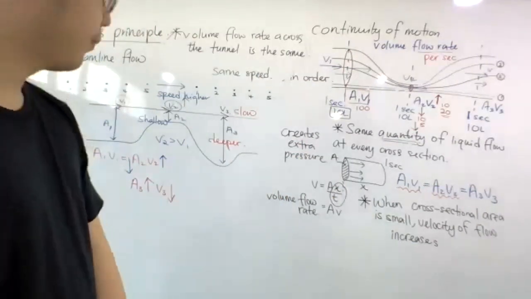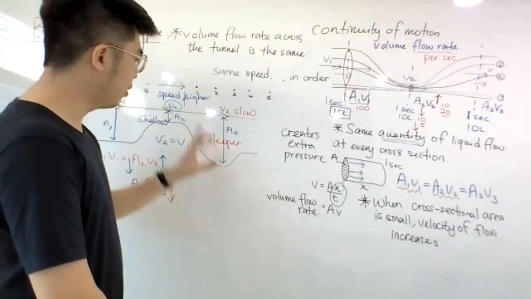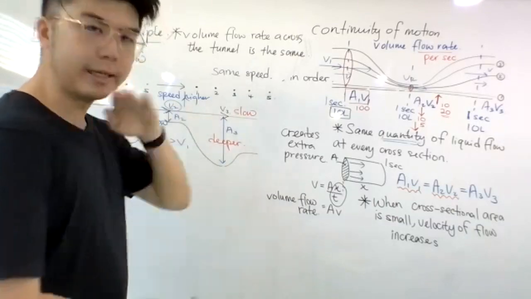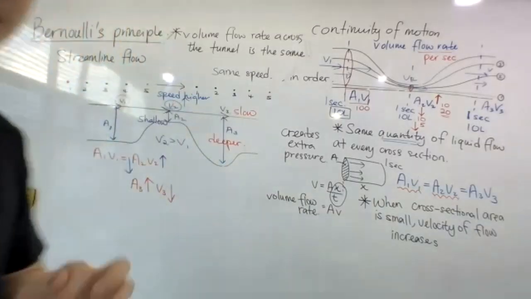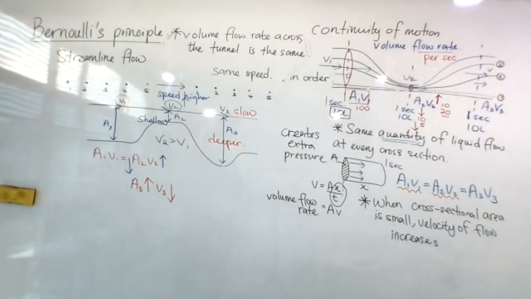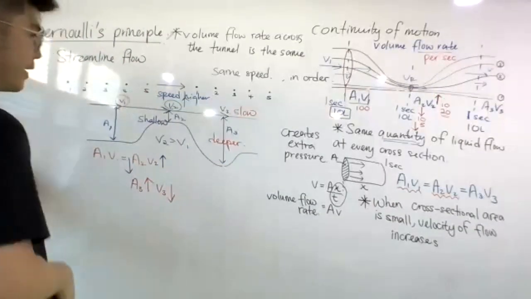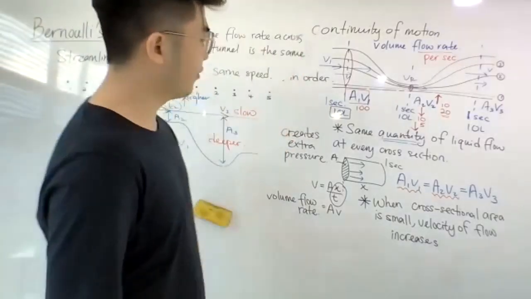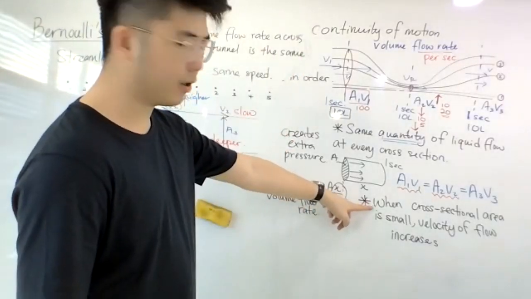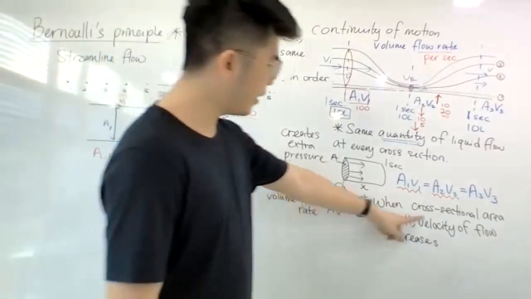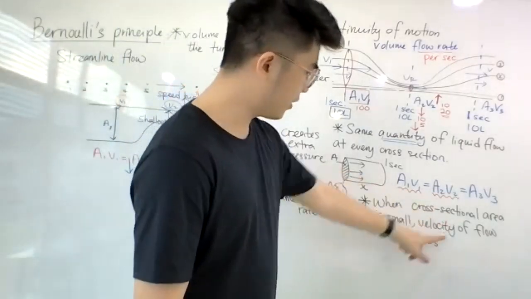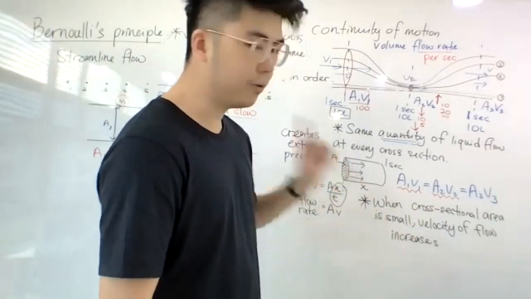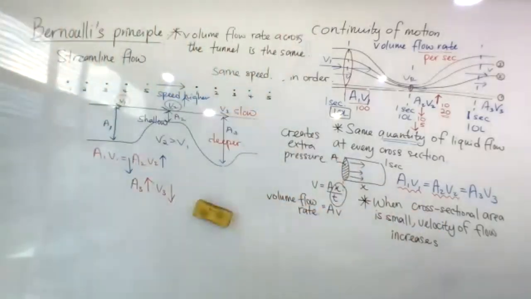So the deeper region always has calm water flowing. Okay, the flow of water is calm. So that is also one example based on continuity of motion. What is the conclusion that we get out of here? When cross-sectional area is small, velocity of flow increases. This one, you have to remember this one, okay?